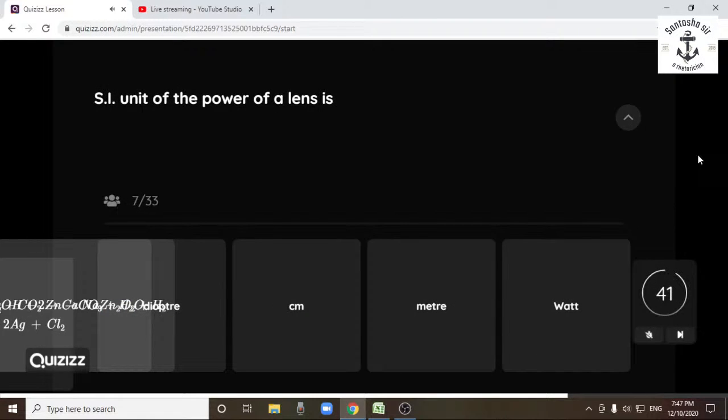SI unit of the power of a lens is... 35 seconds. 25 seconds. 15 seconds. 20 members answered out of 33 participants.